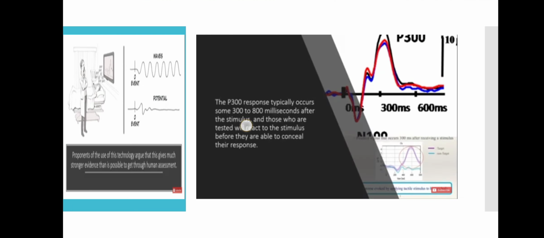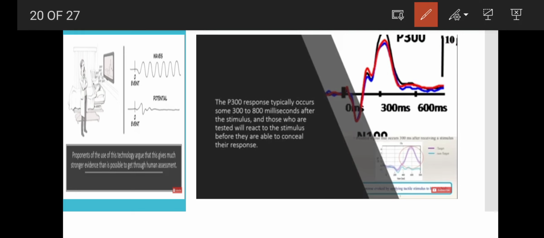Now this P300 response typically occurs some 300 to 800 milliseconds after the stimulus, and those who are tested will react to the stimulus before they are able to conceal their response. So basically there is no chance for the suspect to hide or conceal the response, because the electrical waves from the brain are generated within a few milliseconds, and we record them after those milliseconds.